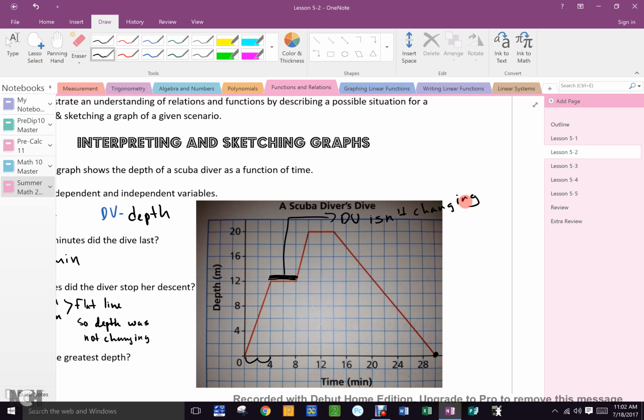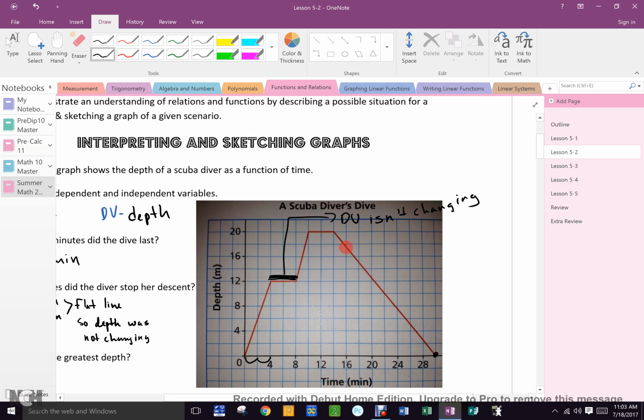Next question. Can you ever have a vertical line on a graph that has time? Why? Because time is always moving, right? So if a flat line means there's no change, and a vertical line is impossible, then what does the steepness of the line represent?